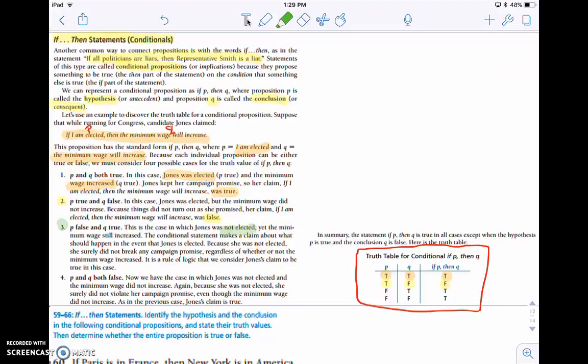Because she was not elected, she surely didn't break any campaign promise, regardless of whether or not the minimum wage increased. So the rule of logic here is that we consider Jones's claim to be true, because she didn't break any promises.